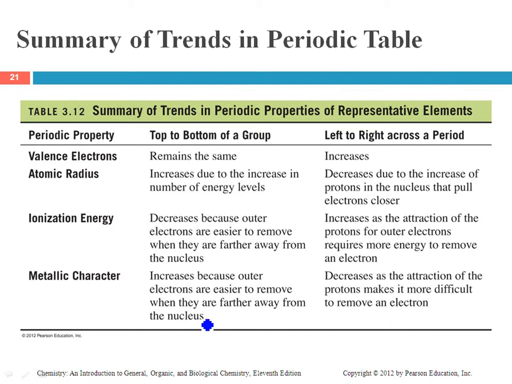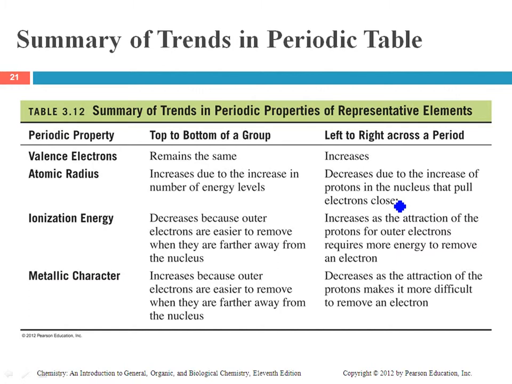Okay, so here's a little summary of these trends. Your valence electrons are just equal to the group numbers for your representative elements. Your radius increases as you move down and decreases as you move across due to the increase of protons in the nucleus that pull electrons closer.